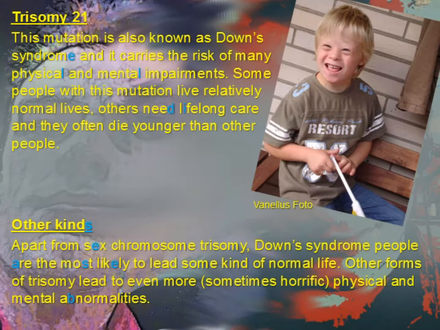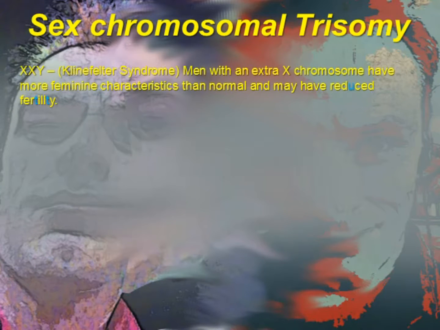Those are the sex chromosomes, and those are another kind of trisomy. So, in sex chromosomal trisomy, you can have XXY, which is also known as Klinefelter syndrome, and men who have an extra X chromosome, which is what this is, will be slightly more feminine than normal, and they may be less able to have children.